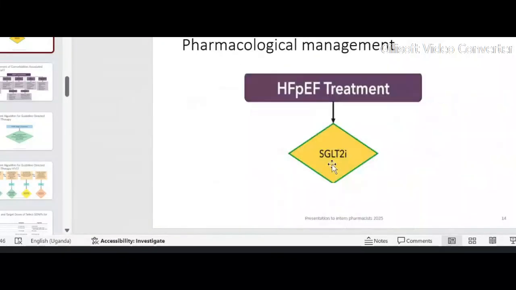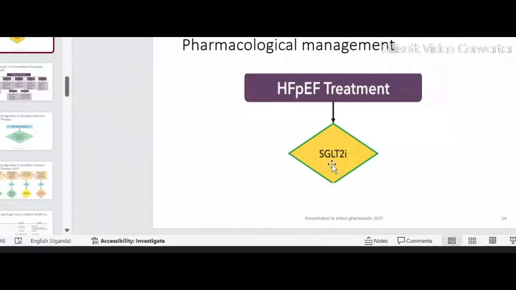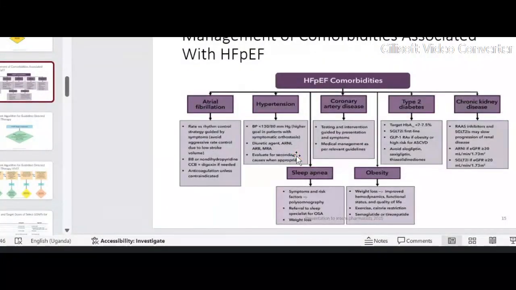These other drugs in HFpEF that you're seeing listed in this table might not prolong the patient's life, but they will take away the symptoms. Are you seeing that? Remember that this drug reduces the risk of death. These other ones we are adding for comorbidities don't reduce the risk of death because of heart failure. Are you seeing? That is in preserved ejection fraction.